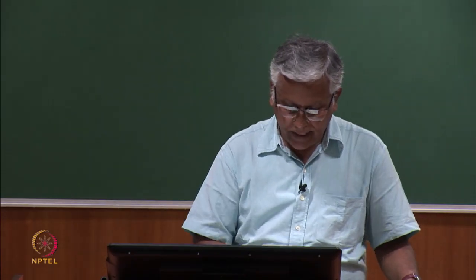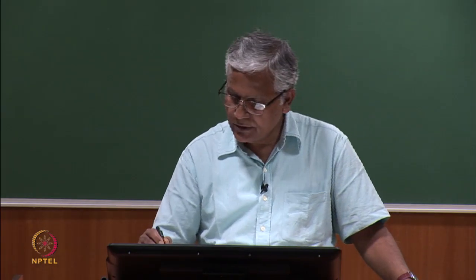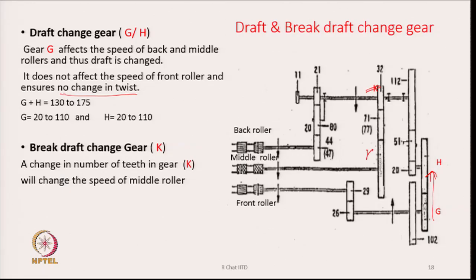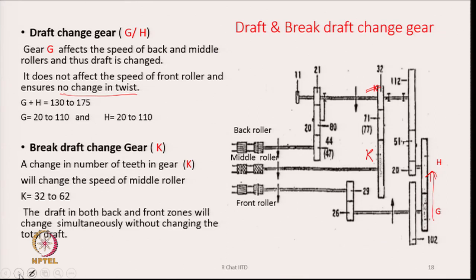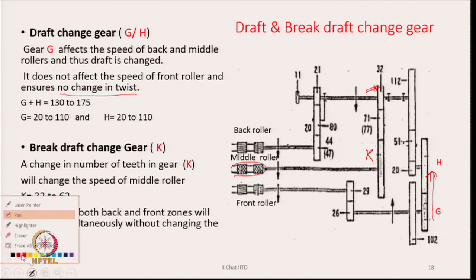And the break draft change gear, which is this gear, a change in the number of teeth in the gear K will change the speed of the middle roller, because this gear is going to change the speed of the middle roller only, and therefore the draft in both back and front zone is going to change.